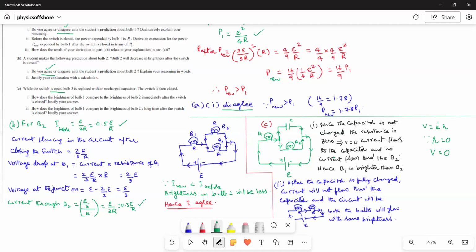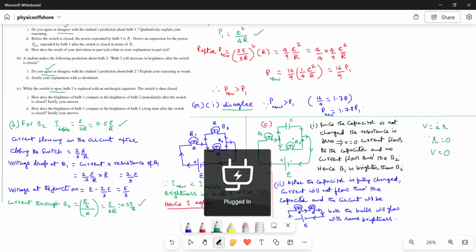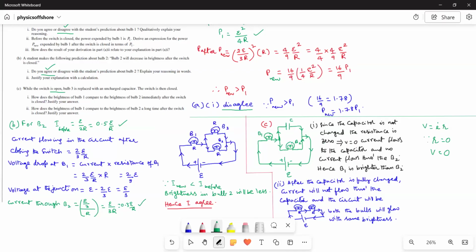When it flows through the capacitor, the capacitor charges. Am I right? So what is happening here? The bulb B1 is brighter than B2 when we are attaching the uncharged capacitor. We are attaching the uncharged capacitor and then closing the switch. Agree?